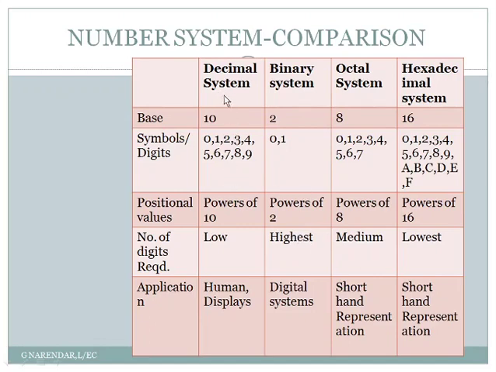In a similar way, the decimal number system has the second highest base compared to hexadecimal, so it requires somewhat fewer digits. For the octal system, the base is 8, which is much greater than the base of binary, so it requires fewer digits compared to representing the same quantity in binary.